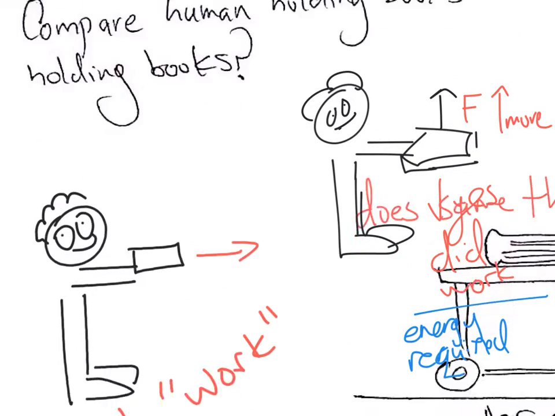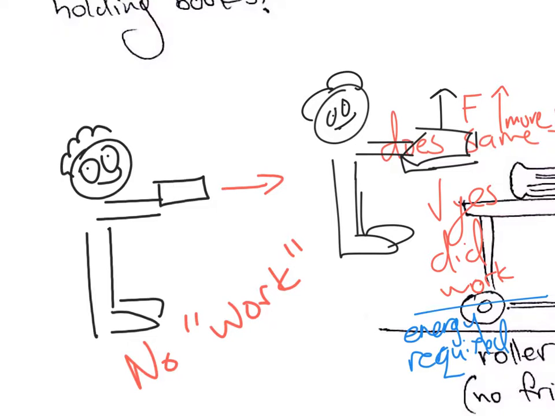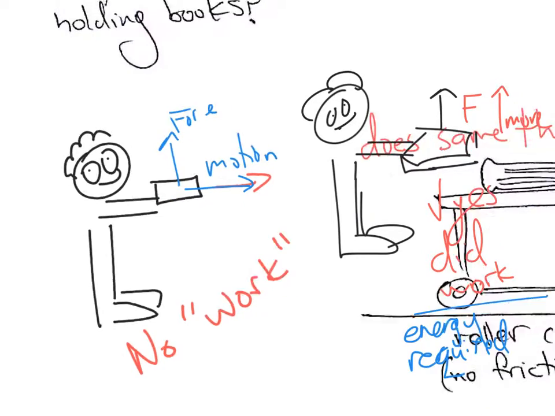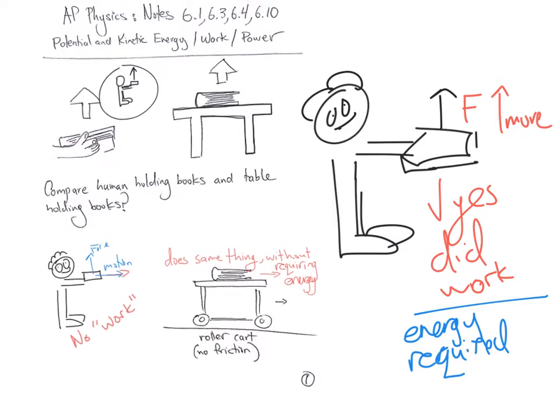And in this example, the force Joey was exerting was in this direction but perpendicular to the direction of motion. So there's motion and there's force. But because the force did not have any component in the direction of motion, no work was done. And the table, the inanimate object, not requiring energy, could do that for free.